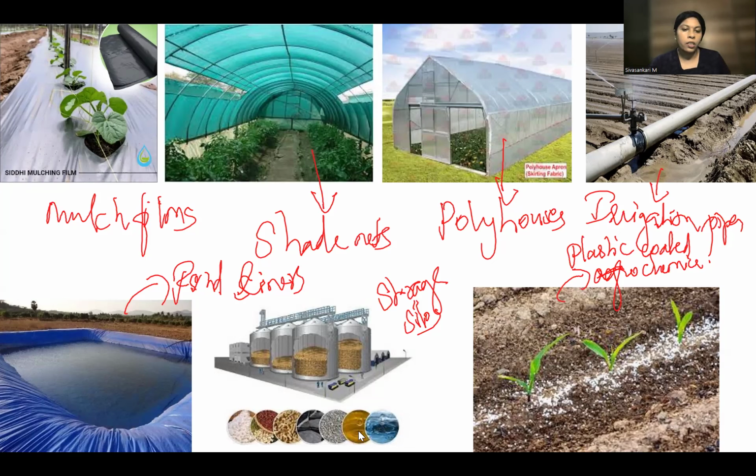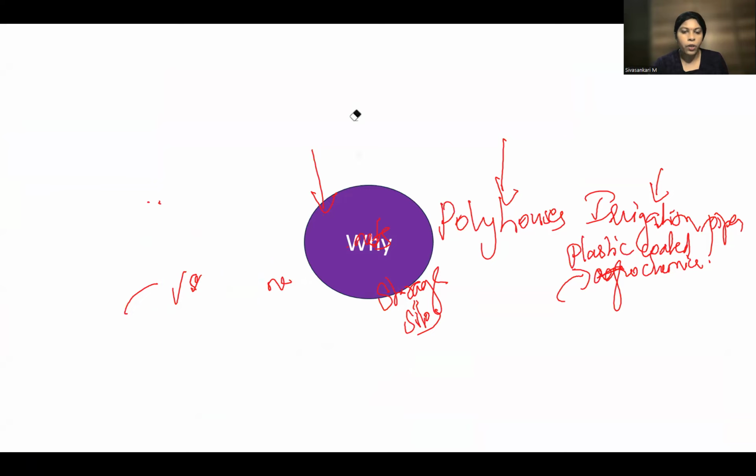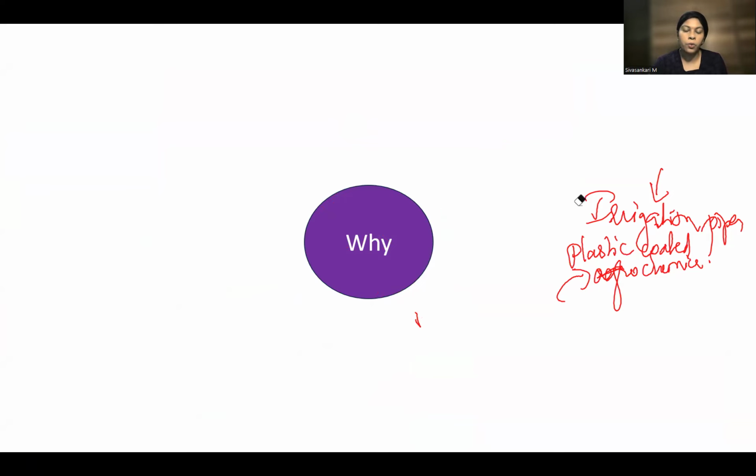Why would a farmer use this? Previously, in the traditional agricultural system, we never used these kinds of things. Okay, only organic things or something which is available to the farmer there. He will be using that. He will use different types of crops in order to avoid water loss, all these things.